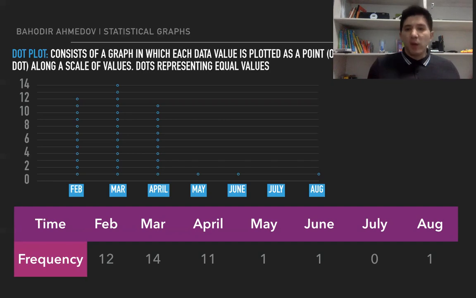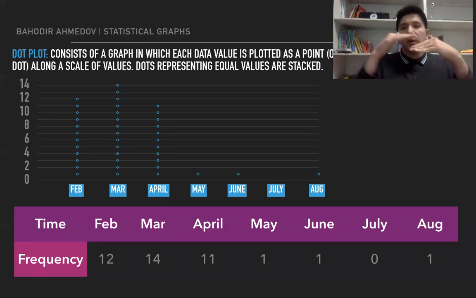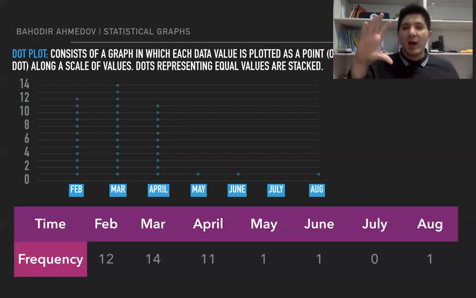So the dot plot contains the dots. If one of the values is repeated multiple times, we're going to put the dots on top of the others. So this also tells us about the shape of the graph, right? Sometimes it's better, because whenever we see the histogram with the bars, it's not so clear what exactly the height of the bars is.